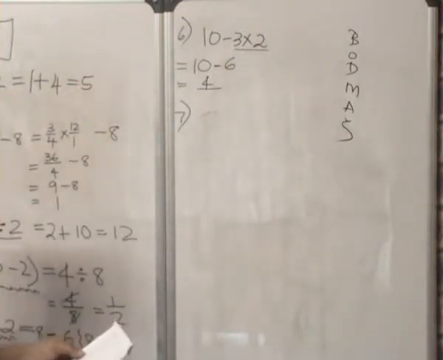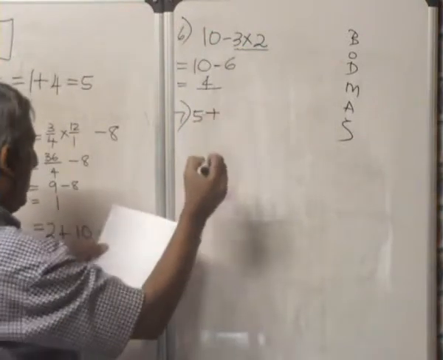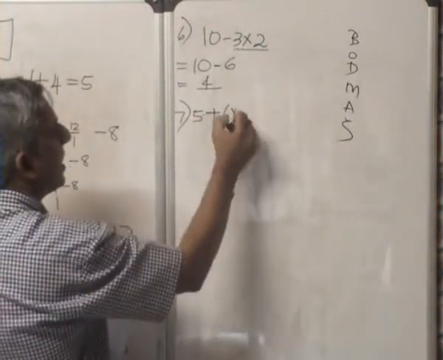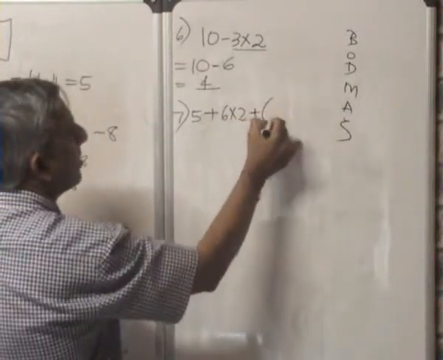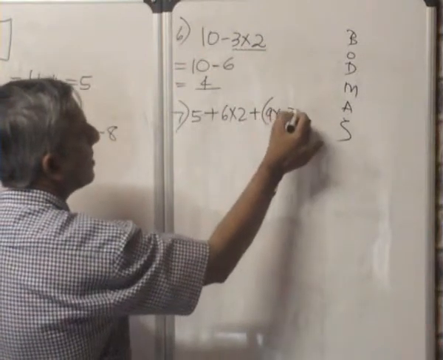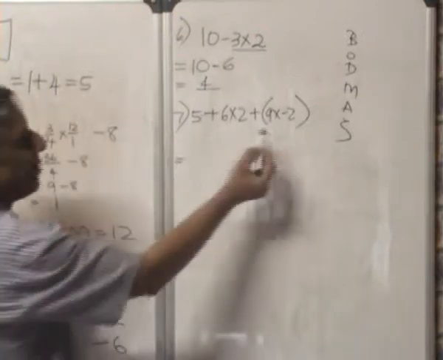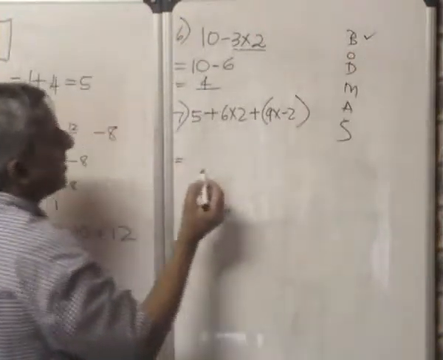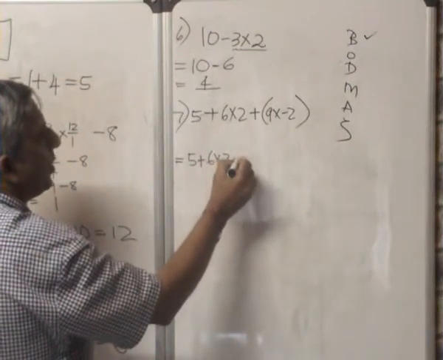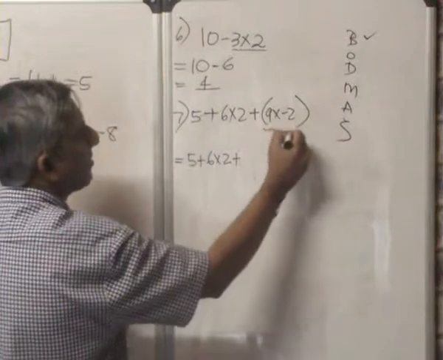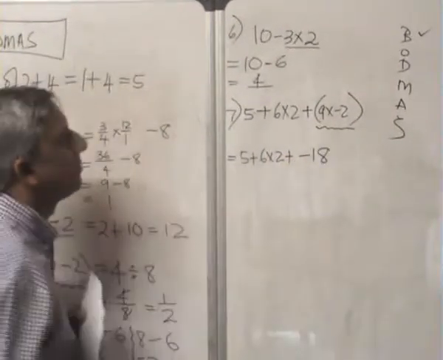Number 7. I had done this example for you earlier, but we shall do it again. 5 plus 6 times 2 plus (9 times minus 2). So according to the rule of BODMAS, there is a bracket here, so we're going to do the bracket first. 9 times minus 2 is minus 18.